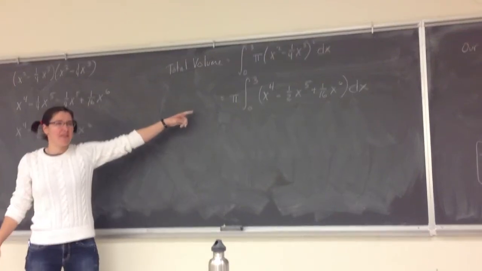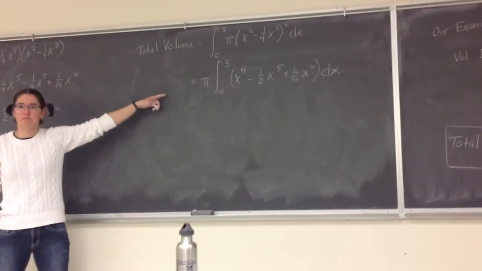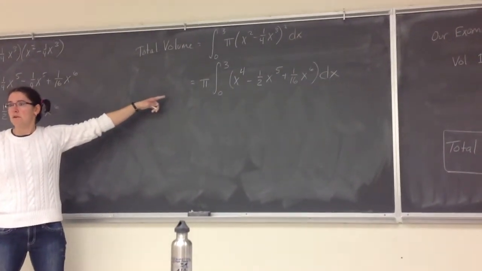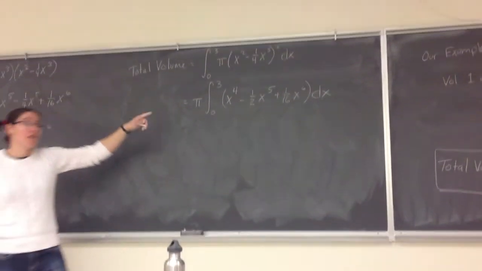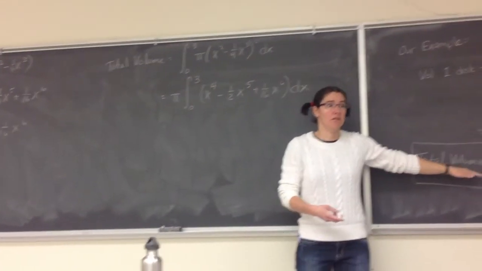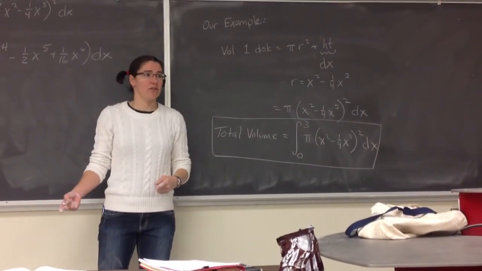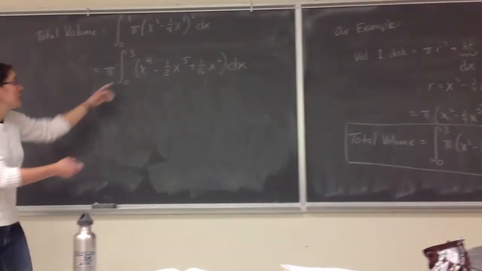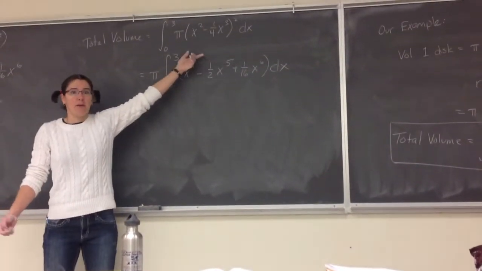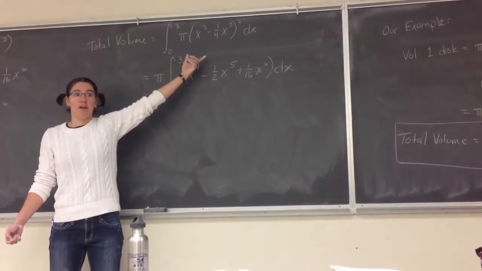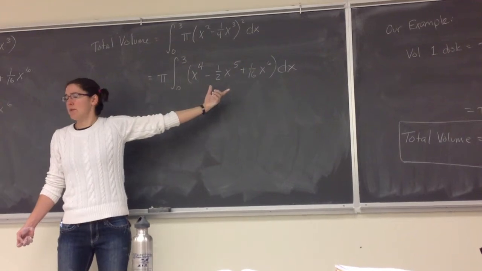Okay, are there any questions about anything we've done here so far? So the new stuff was setting up this integral. Once we've set it up, then we go back to our techniques of integration. So at this point, now that we've multiplied out, now we've expanded our stuff squared, now it's a matter of using the power rule.